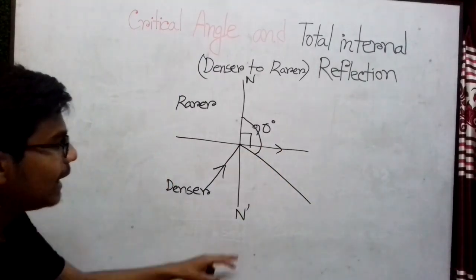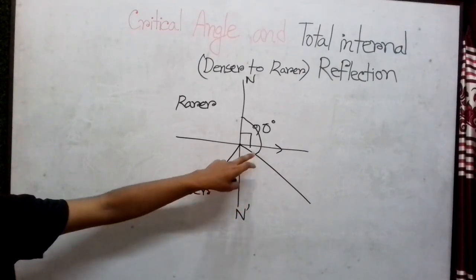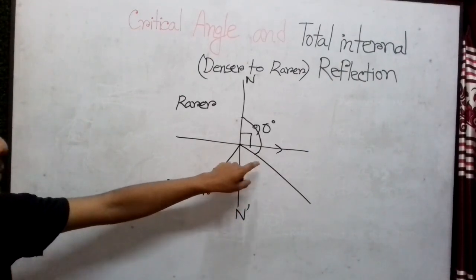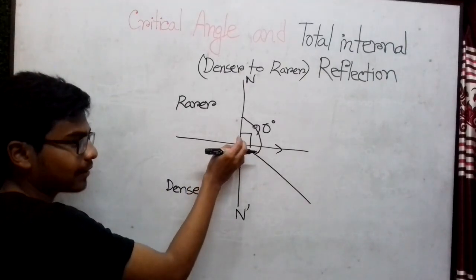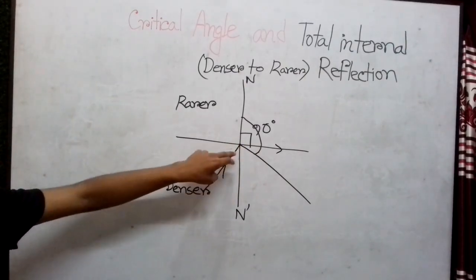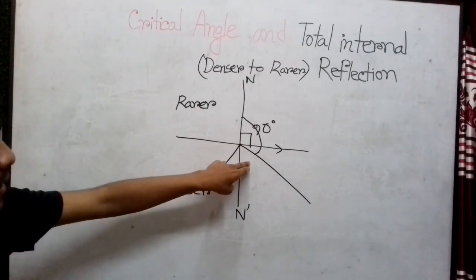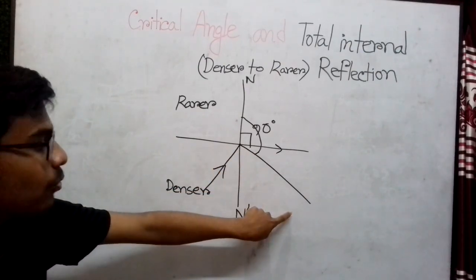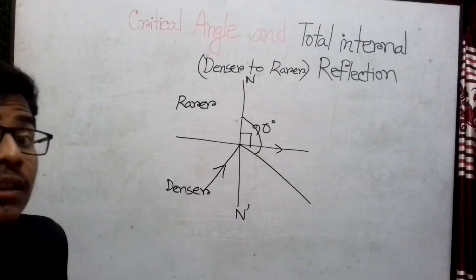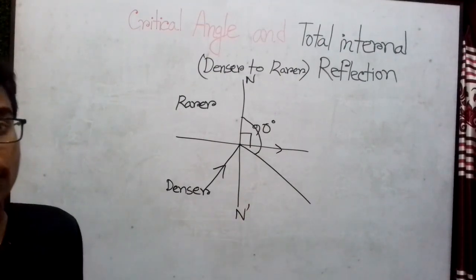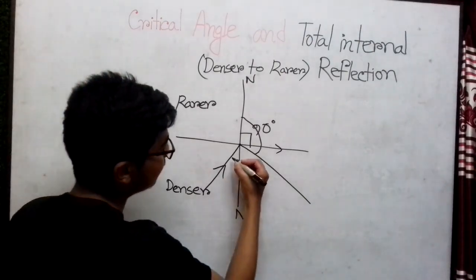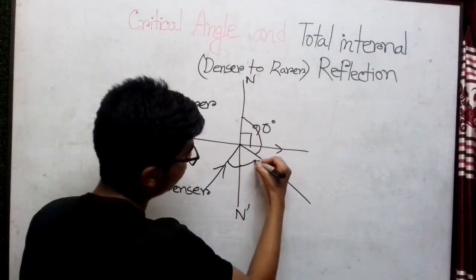That means it is actually called total internal reflection. That means the light ray is going towards a medium, but it will come back to the same medium. Then what is it known as? It is reflection. We know then this angle equals this angle.